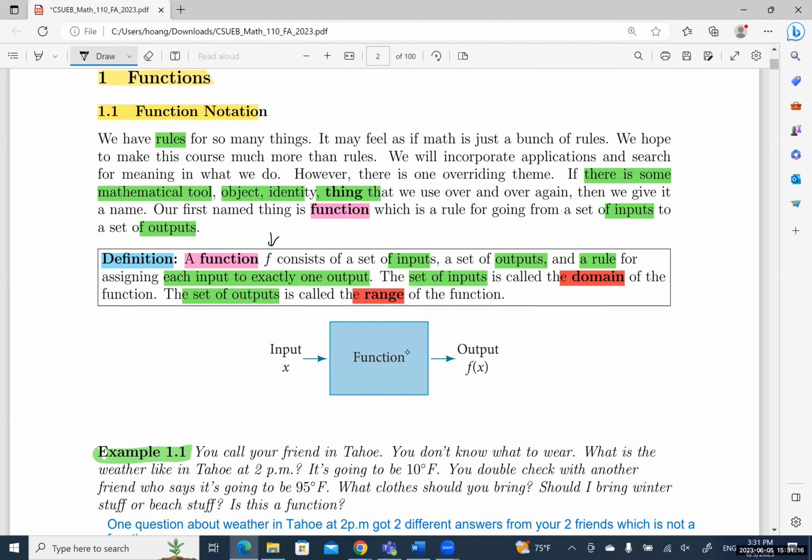And there is a rule right now to make a value as output, which is f(x) here. Okay, keep in mind that we read this as f of x. It's not like f times x.